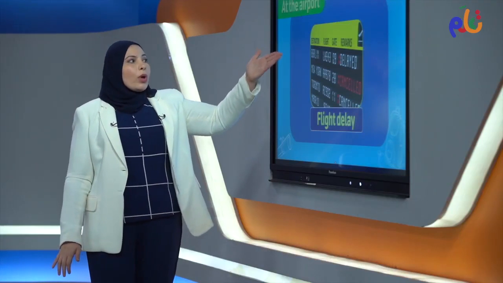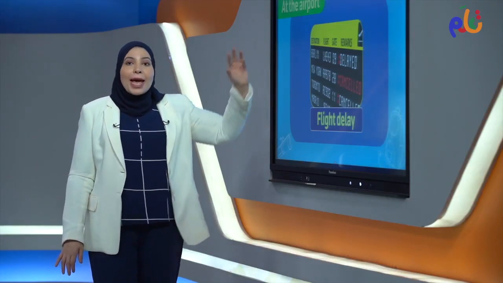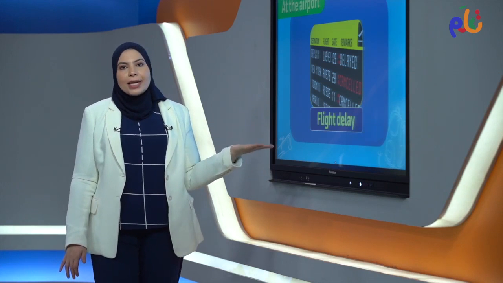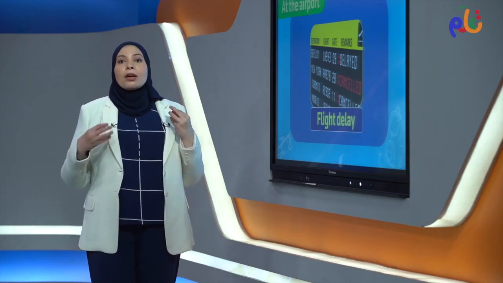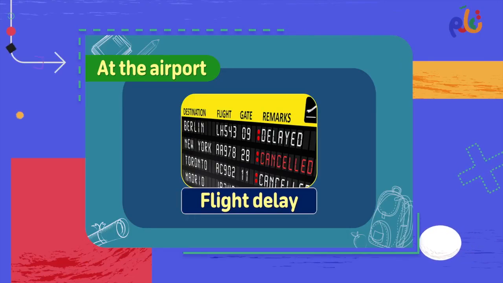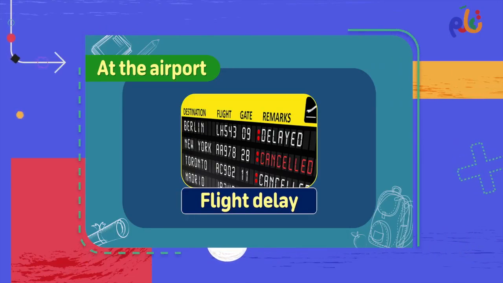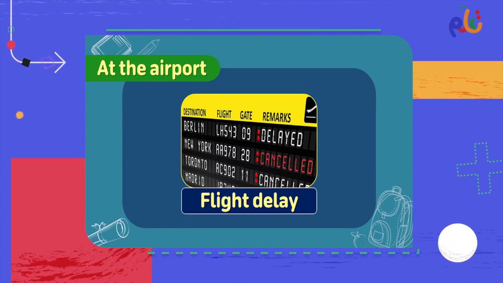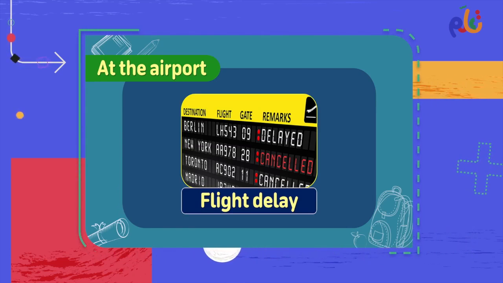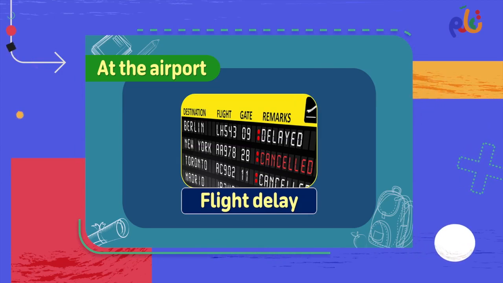And then we have the remarks. And for the remarks, we have the idea of flight delay. Remarks means the status of your flight. What do you mean by the status? What's happening with the flight? So, for example, your flight is on time, the plane arrives on time and leaves on time.